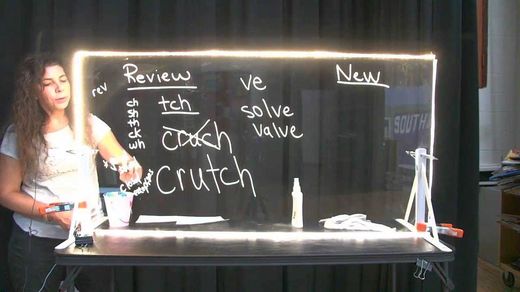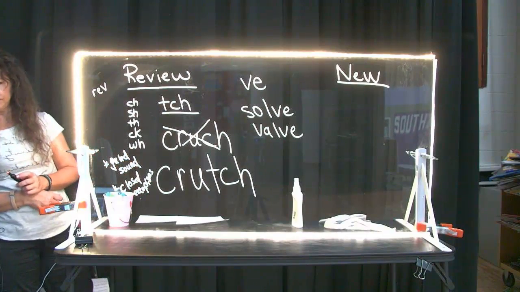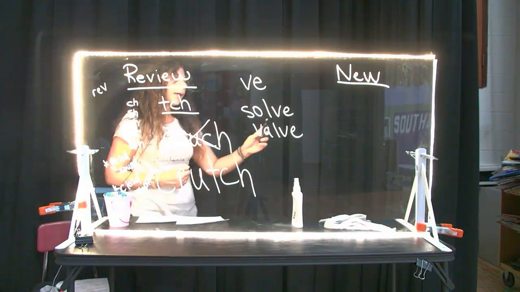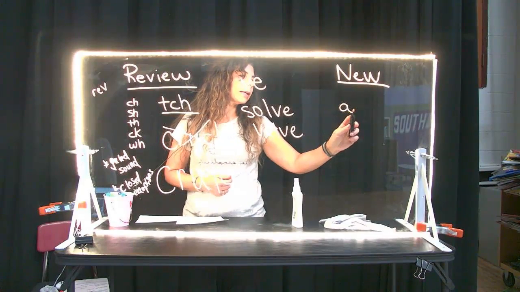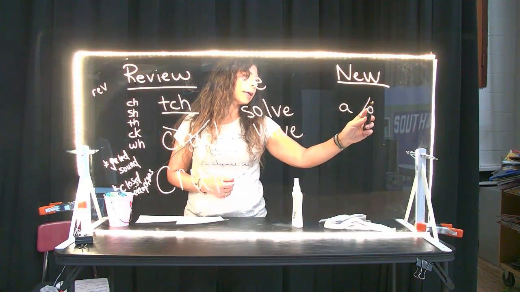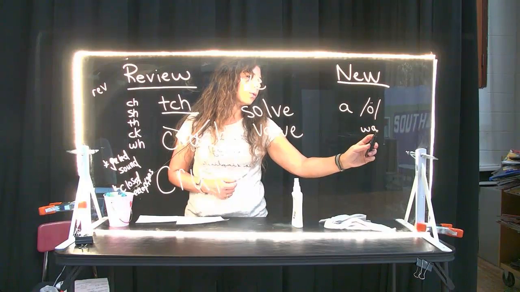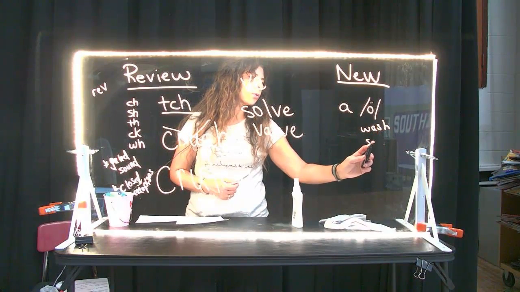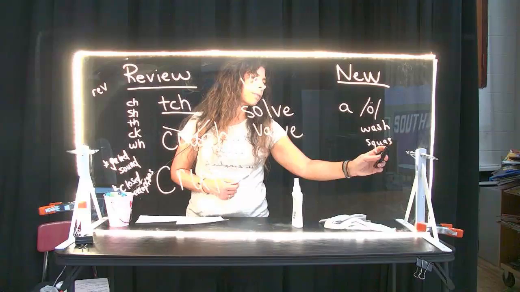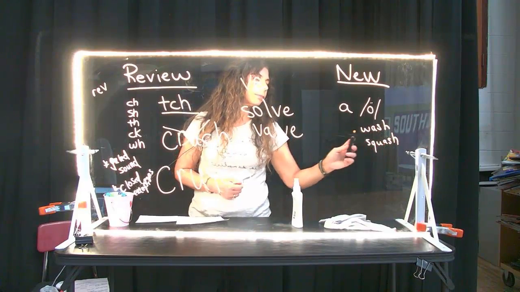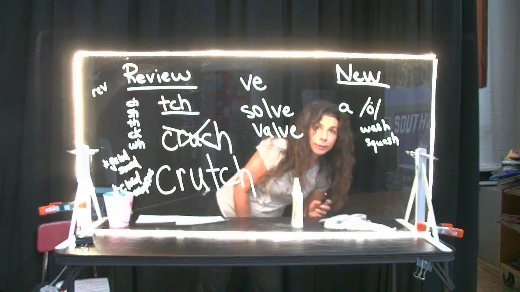So we're going to review those from second grade. And then we're going to learn how A can make an ah sound, like in the word wash and squash. Okay, get ready for part 2.